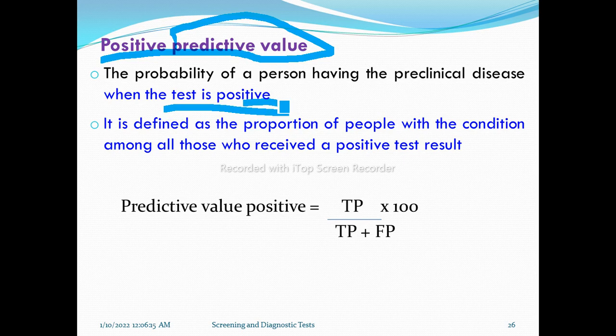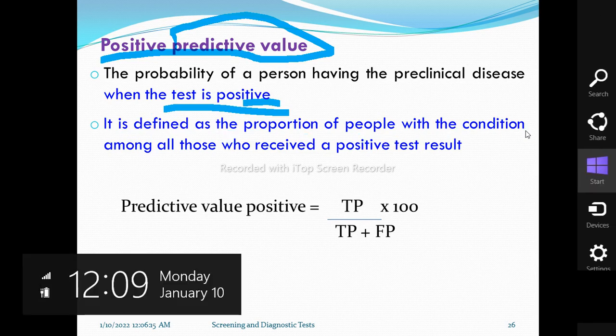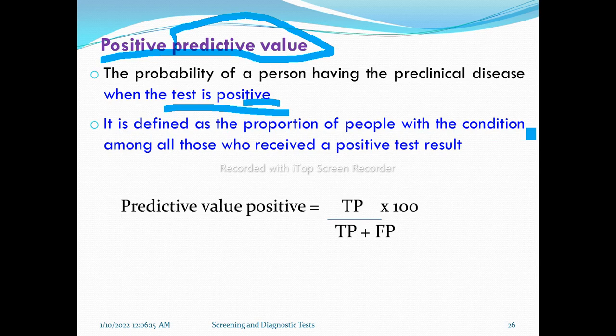It is defined as the proportion of people with the condition among all those who received a positive test result. Among those who got a positive test result, how many really have preclinical disease.